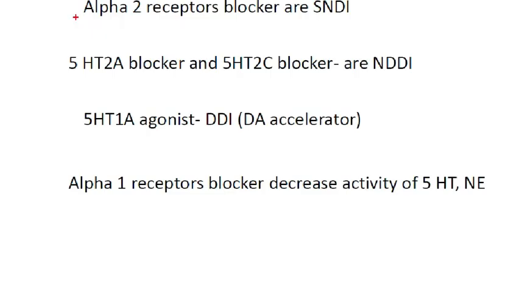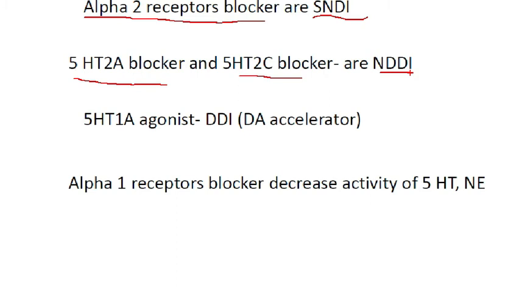So from our table, we can say that alpha 2 receptor blockage leads to SNDI, that is serotonin norepinephrine disinhibition, whereas 5-HT2A blockers and 5-HT2C blockers are NDDI, that is norepinephrine dopamine disinhibitors. So remember, alpha 2 receptor blockers are SNDI, whereas 5-HT2A and 5-HT2C blockers are NDDI.